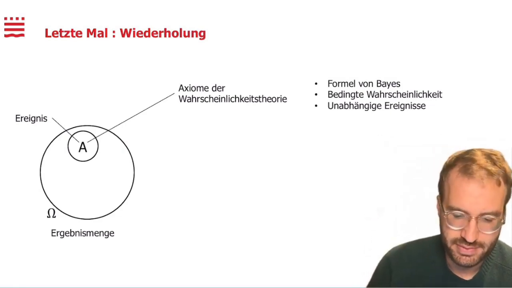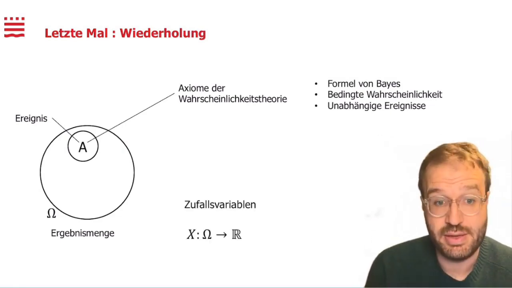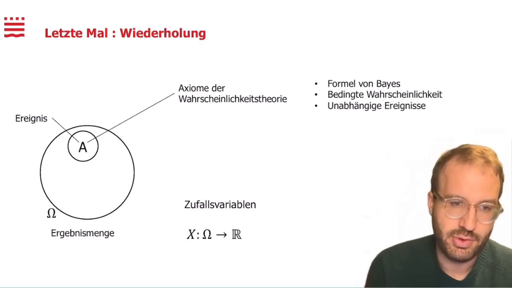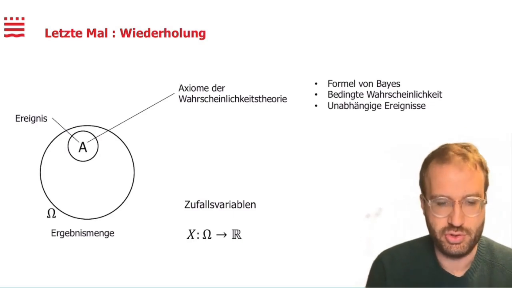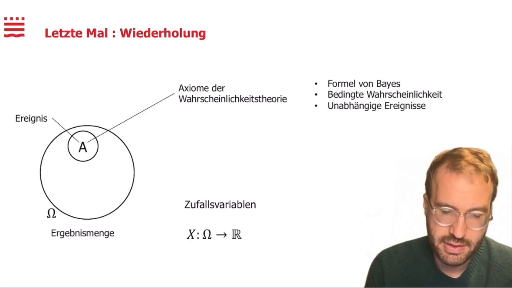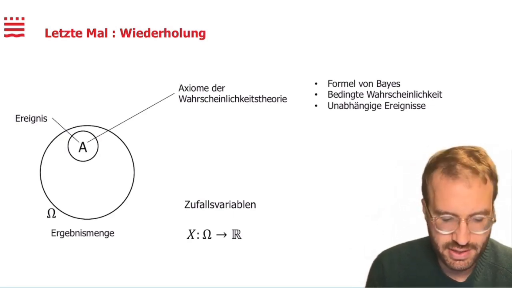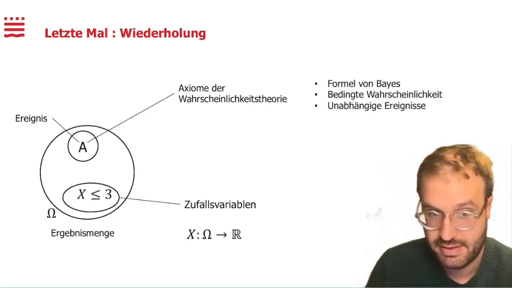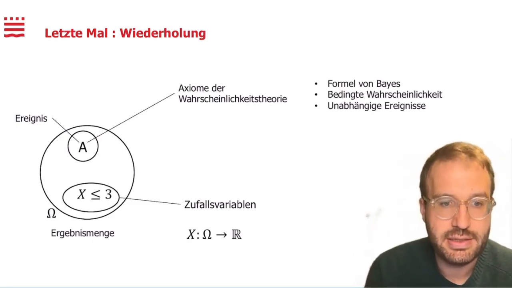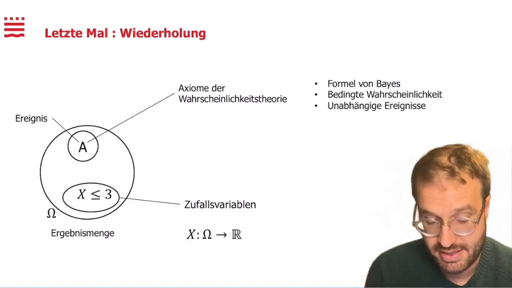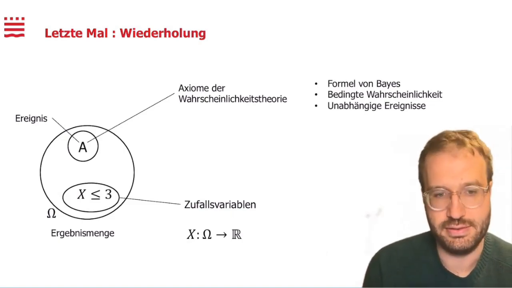For example, describe, and this was done by writing down the meaning of the random variable as a function. For example, the sum function for the sum of 2 dice, which assigns a real number to each outcome. That is, to each elementary event. And what we can do with that is we can define events from it, such as all values in omega such that the value when you substitute x is less than or equal to 3.